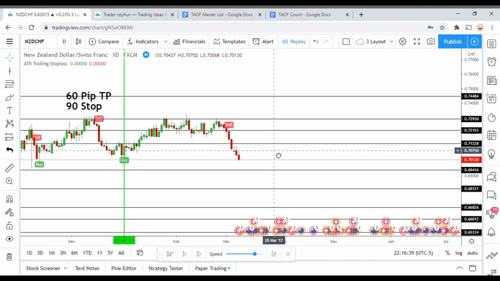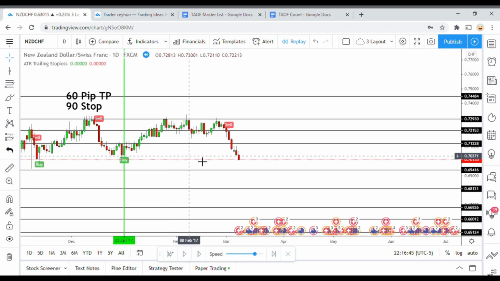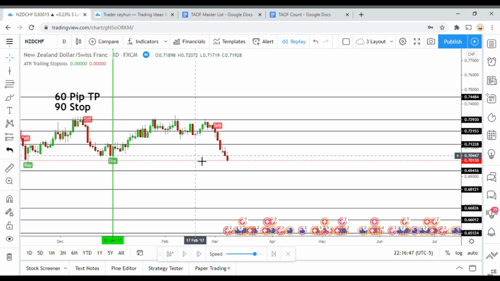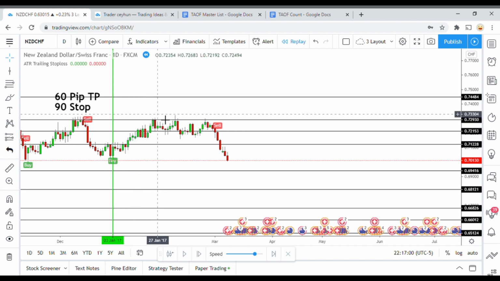There we go, we get a sell. So there's a pretty good example of how you can have layers of conditions that were met, all lining up to give you the best possible confirmation to enter a trade. So we had a push to the upside. It wasn't a very strong push, but it was a reasonably decent push.